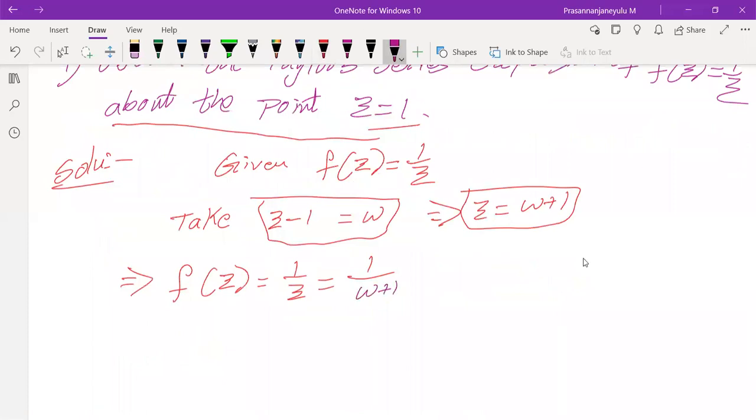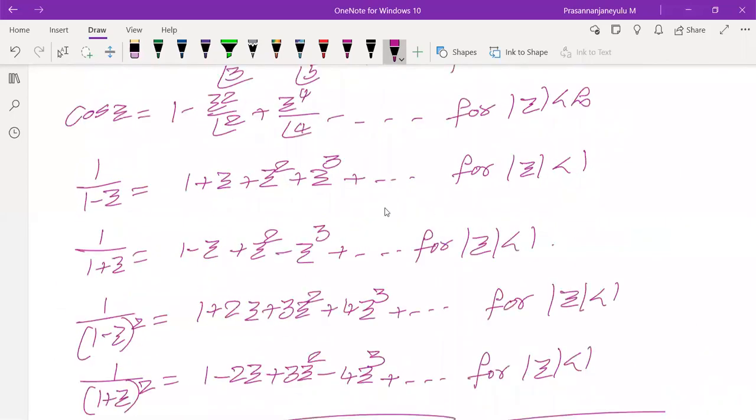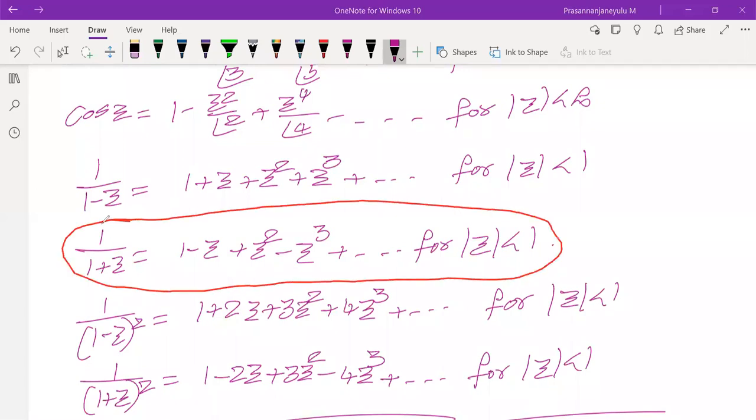So now you observe how it looks: 1 by 1 plus w. Now check the formula: what is the formula of 1 by 1 plus z? 1 minus z plus z square minus z cube and so on.